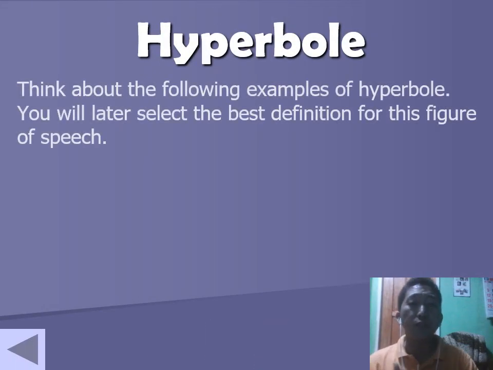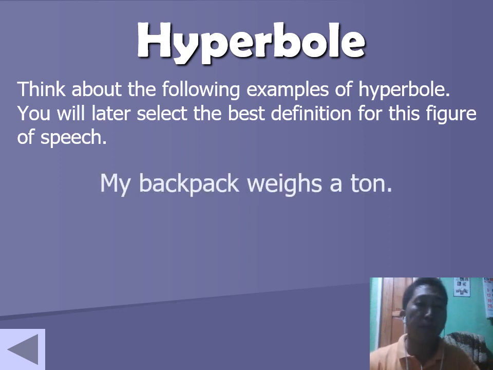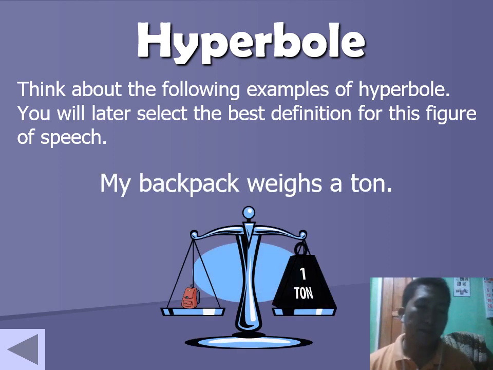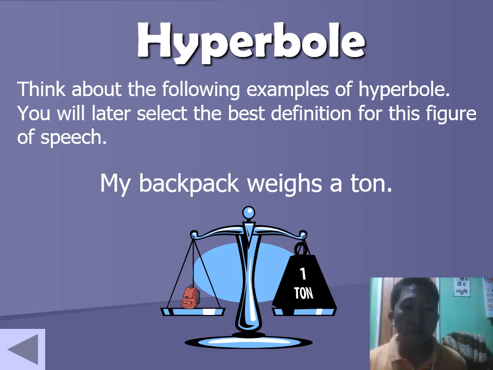Now, let's proceed to the third one, which is hyperbole. Think about the following examples of hyperbole. You will later select the best definition for this figure of speech. My backpack weighs a ton.